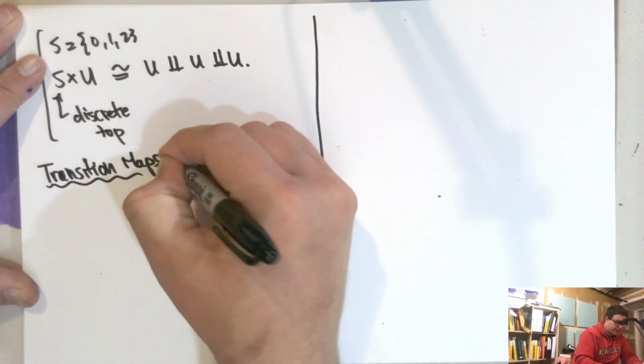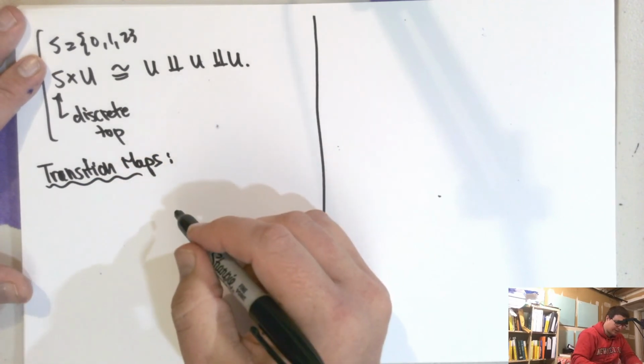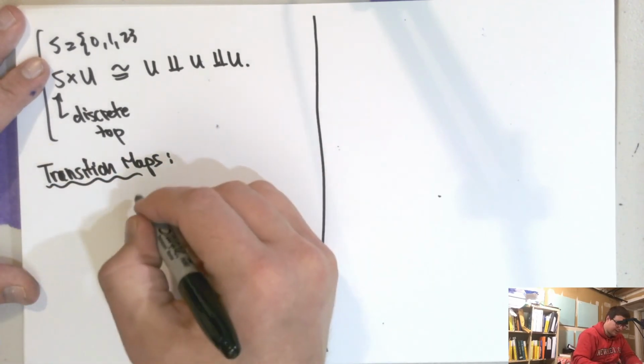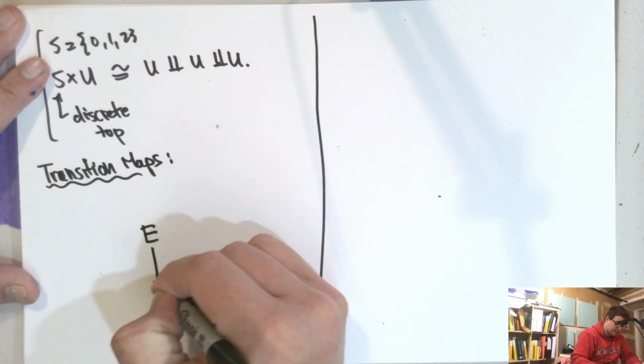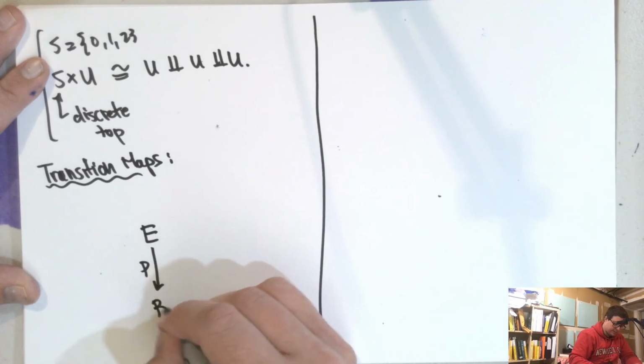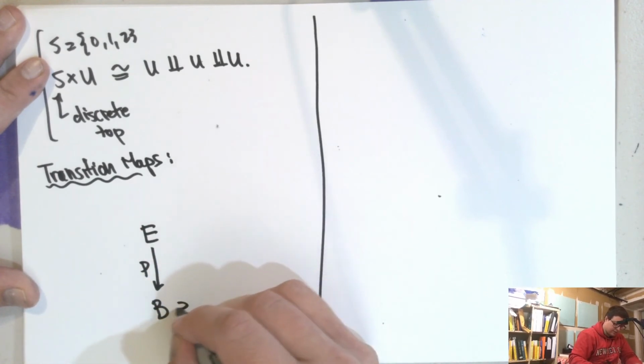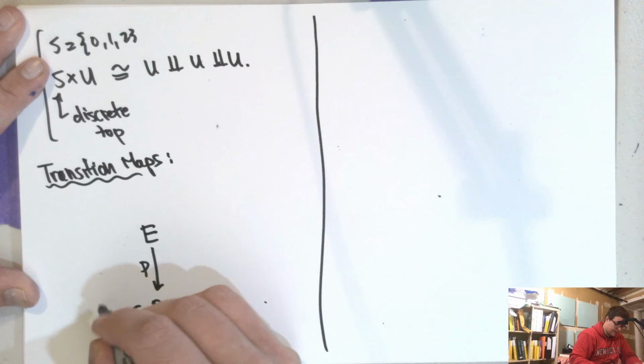Okay. So if we're given two trivializations, suppose we have, let's do here, E. Okay, we have P. Here's the base. We have U here. We have V here.